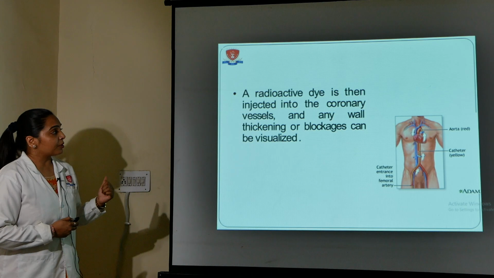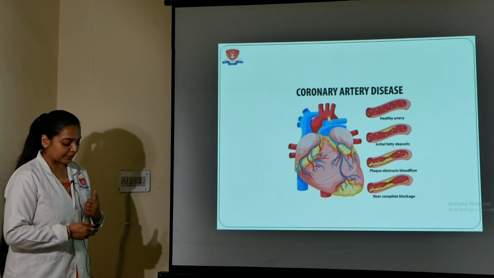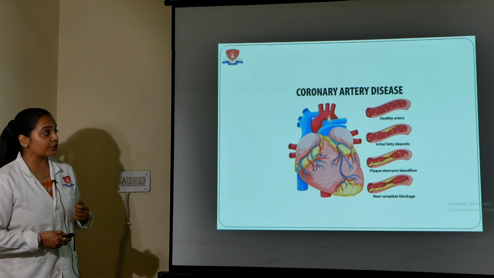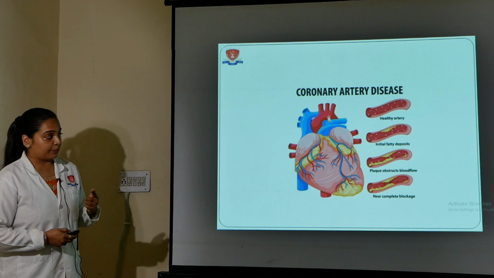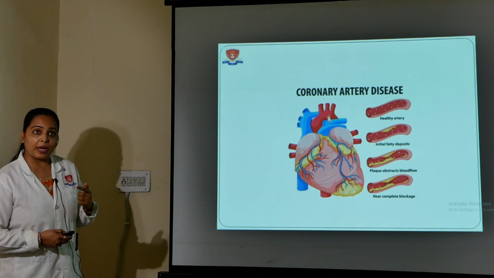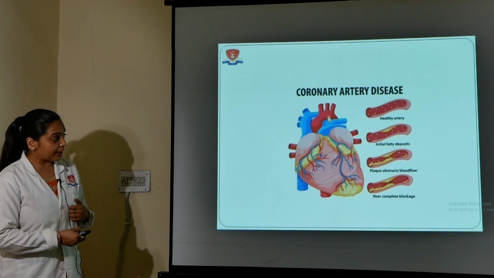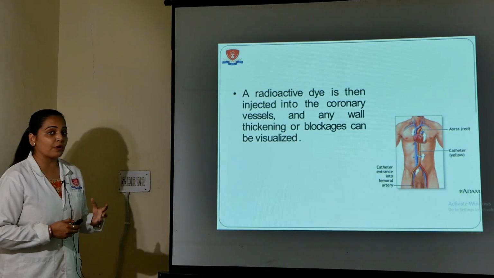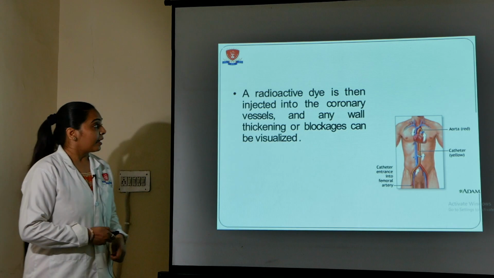In coronary angiography, the catheter is passed through the femoral artery, then it is pushed upwards through the external iliac artery. From there it goes into the abdominal aorta, from the abdominal aorta into the arch of the aorta, and then into the coronary artery. A radioactive dye is injected into the coronary vessels, and any wall thickening or blockage can be visualized with the help of an X-ray.